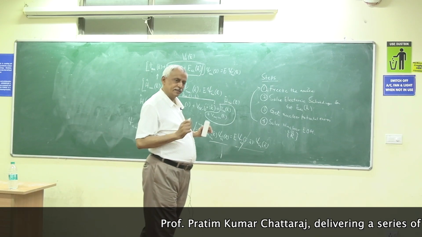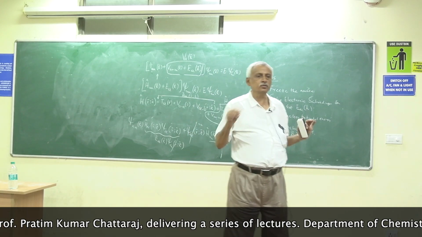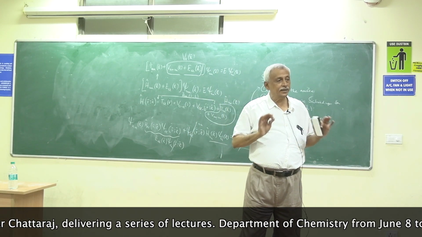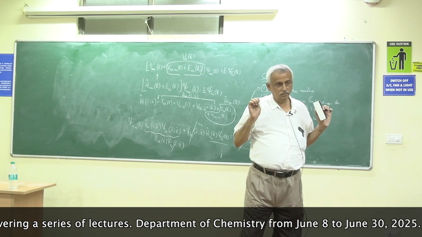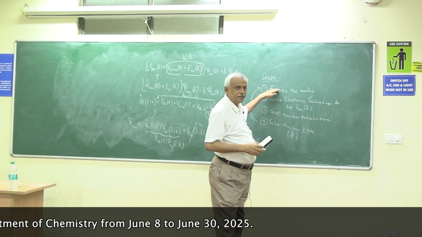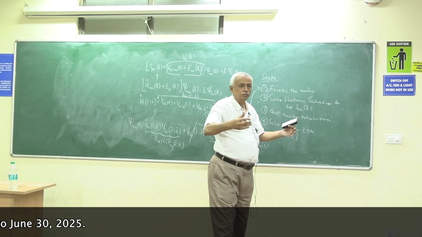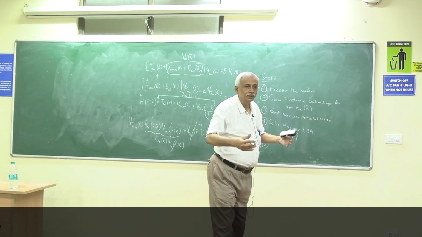In most cases, or you can solve Hamilton's equation of motion or Lagrange's equation of motion, any classical equation of motion, to get new sets of nuclear coordinates. Once you get the new sets of nuclear coordinates, you freeze there and solve the electronic problem again. So you now get the potential energy for those new nuclear coordinates.